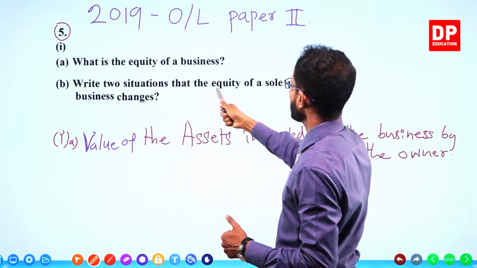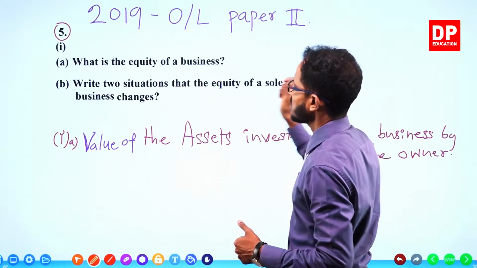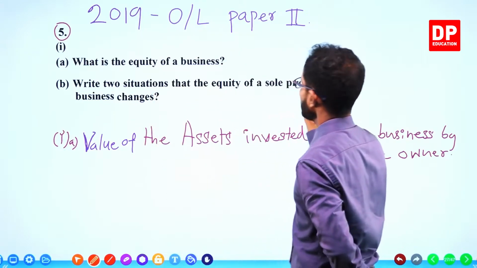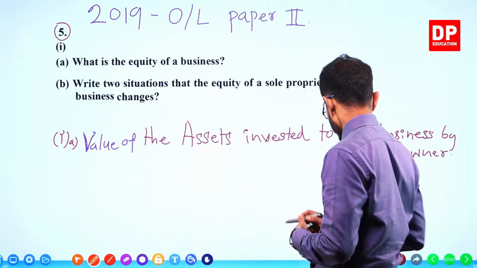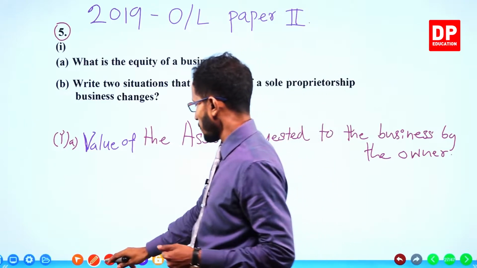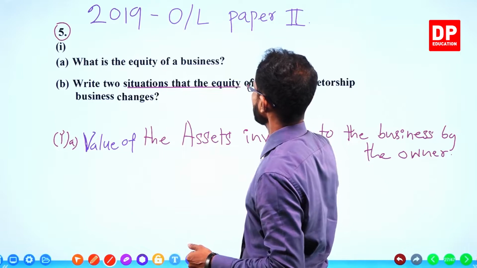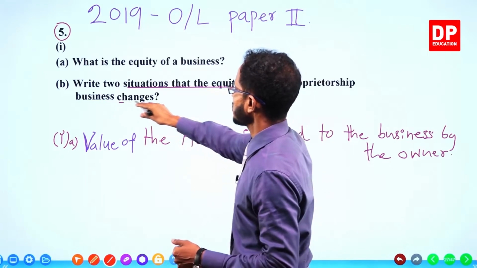Write two situations that the equity of a sole proprietorship business changes.